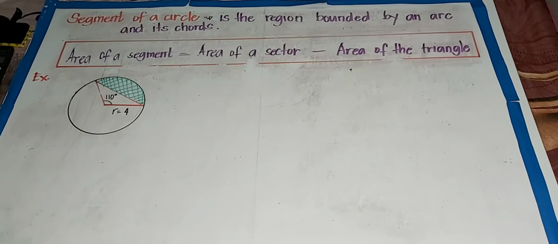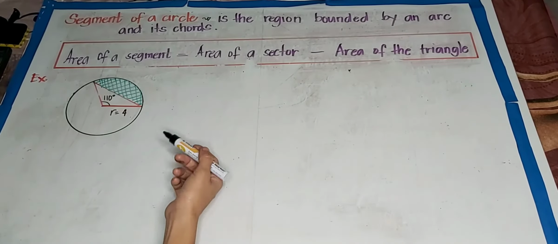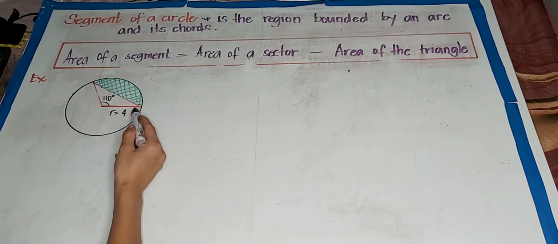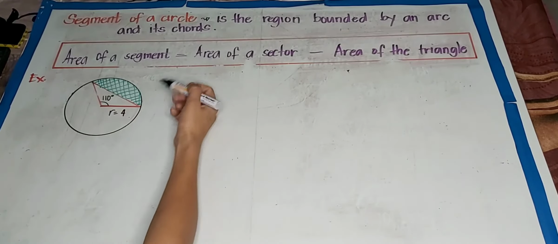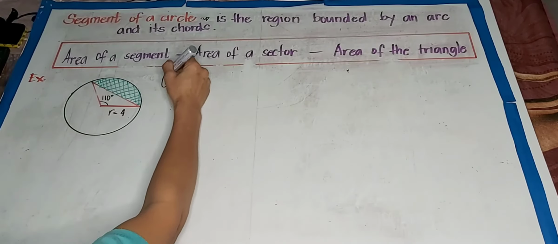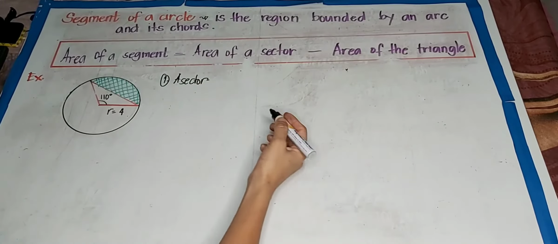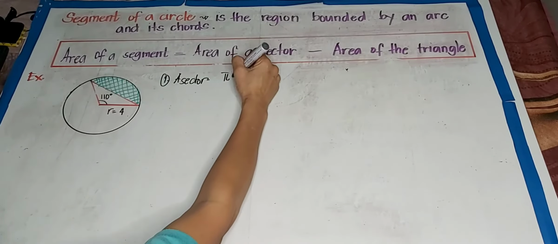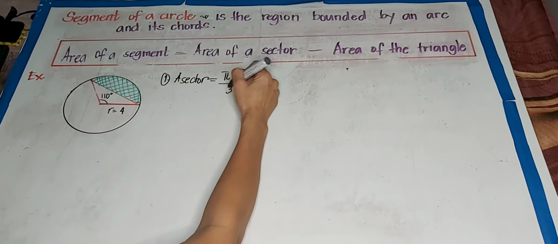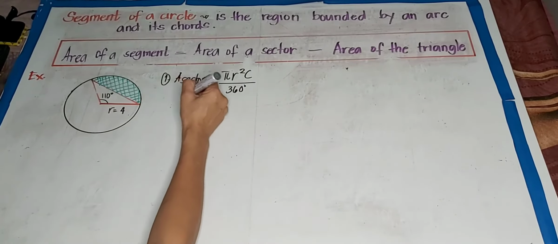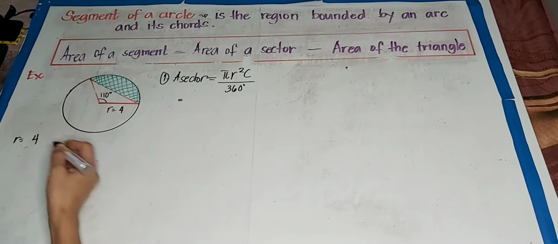Find the area of the segment on the circle. So in this example, okay, our radius is 4 and our degree measure is 110 degrees. So step 1, area of the sector. So again, the formula is pi r squared times c divided by 360 degrees. So in our given, our radius is 4.